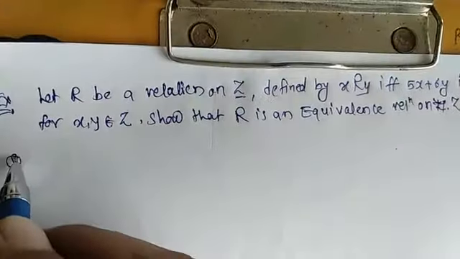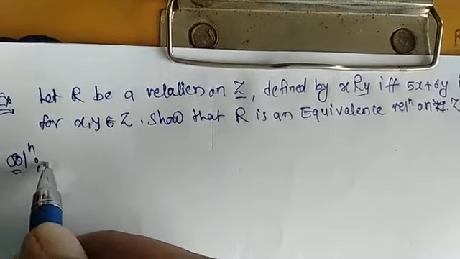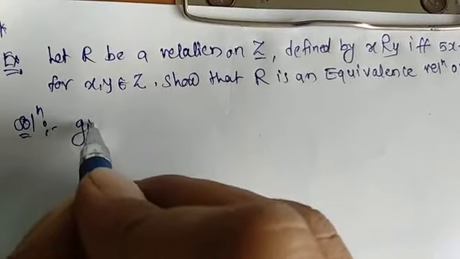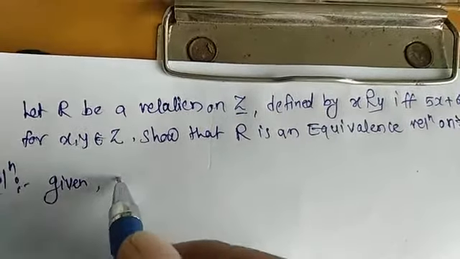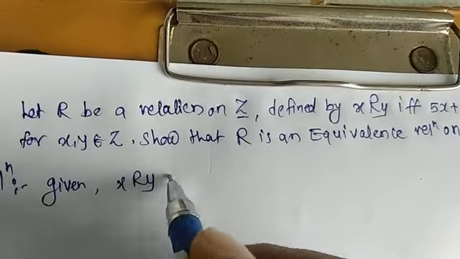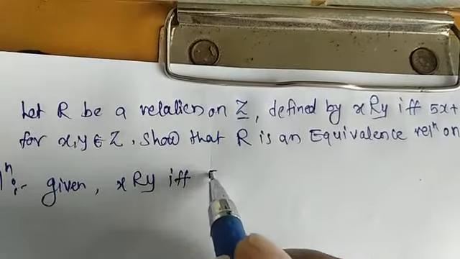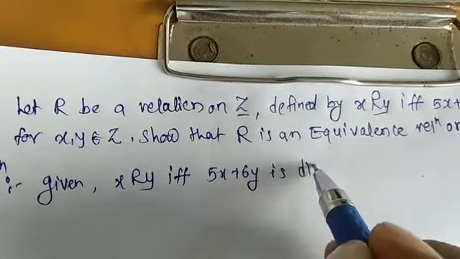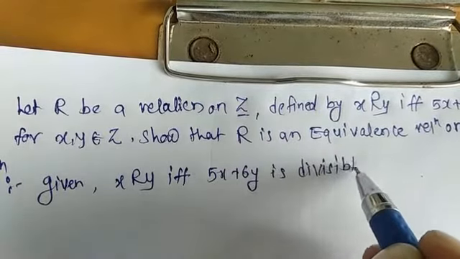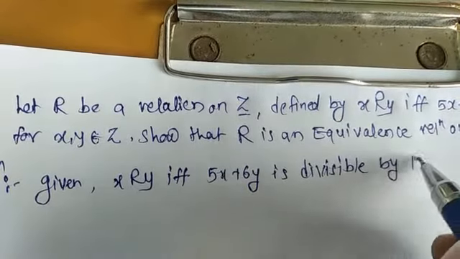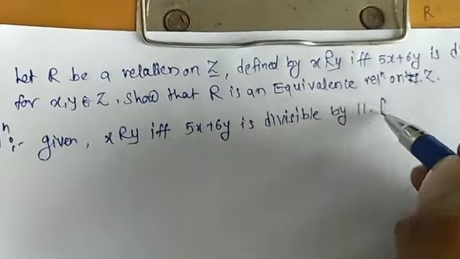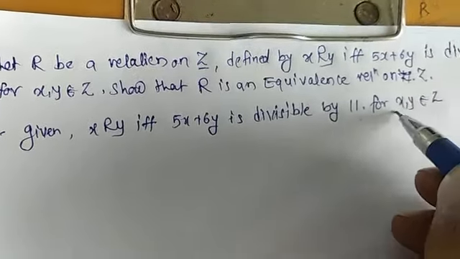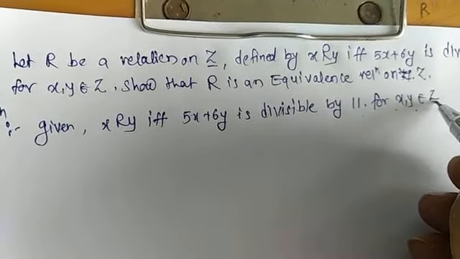In the solution, it is given that x is related to y if and only if 5x plus 6y is divisible by 11, for x, y belonging to Z, that means x and y should be integers.